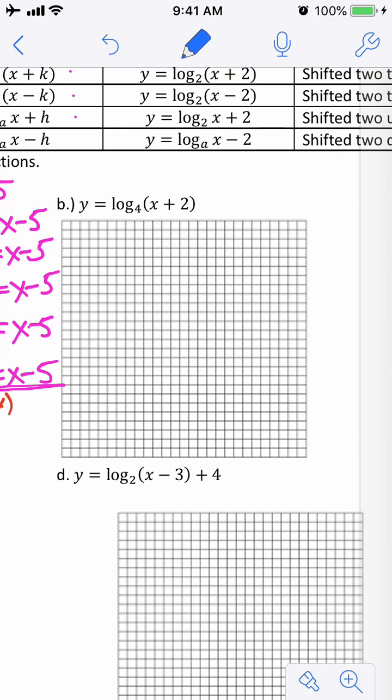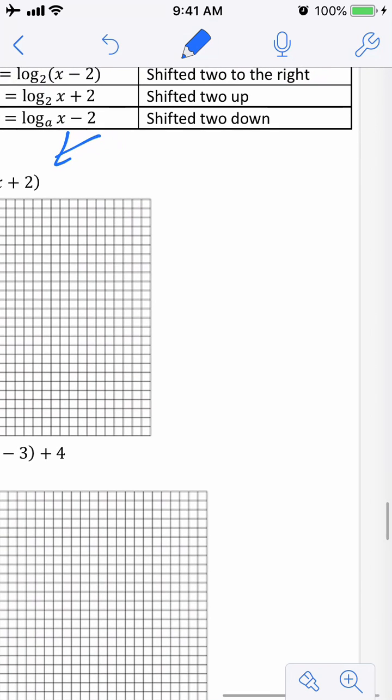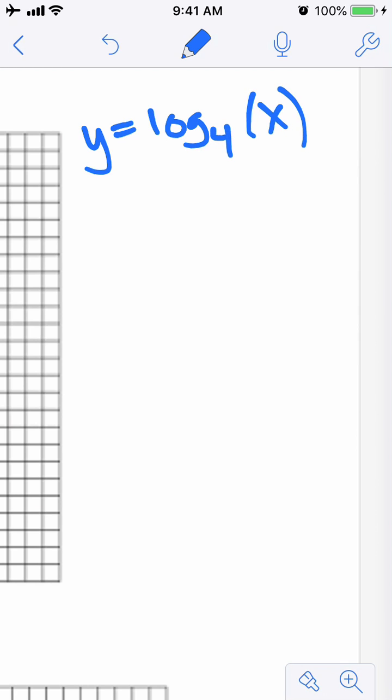Let's just graph these other ones using their parent functions, okay? So what is the parent function here? The parent function would be not y equals log 4 of x plus 2, but just y equals log 4 of x, right? So we're just going to use the basic, the original. So let's just graph y equals log 4 of x to start with, okay? So we have our x and our y. We choose 1, 0, negative 1.